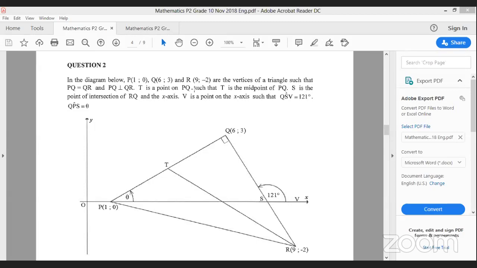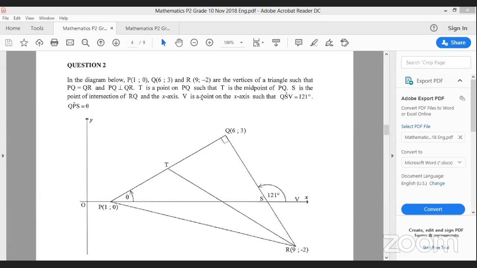T is the point on PQ such that T is the midpoint of PQ. So T is the midpoint of PQ. S is the point of intersection of QR on the x-axis.